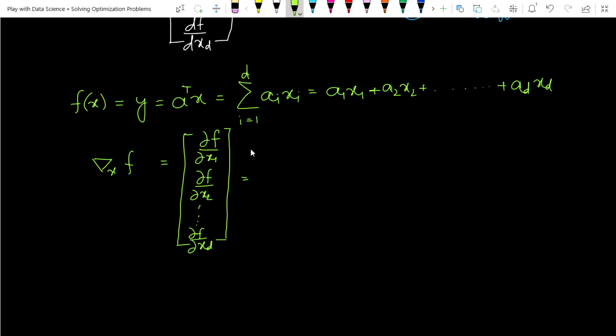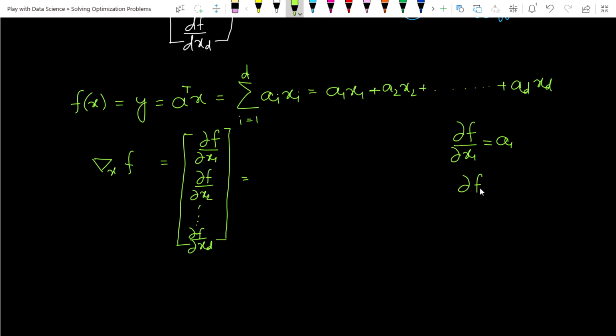Now what about del f by del x1? Del f by del x1 means we are differentiating the function f with respect to only x1. So if we differentiate with respect to only x1, the rest of the terms will be 0 and we only have to differentiate this portion. So the value will be a1.